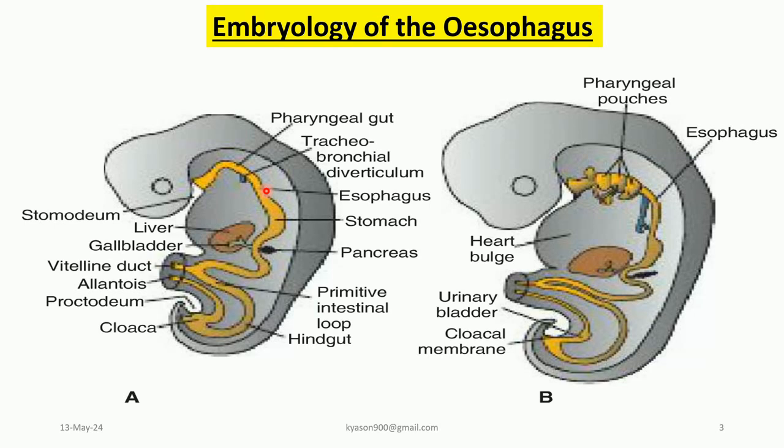So around the 4th week of development, the foregut is going to undergo differentiation to give rise to several structures. And among these structures, you can see the pharynx, okay? And of course, below that, we should form the stomach, the esophagus.